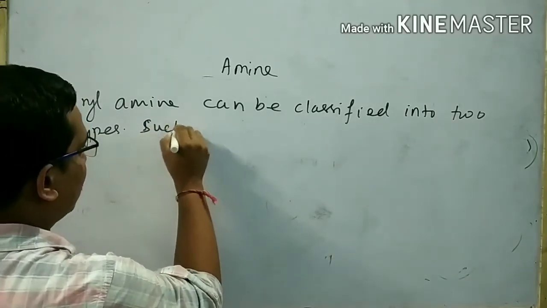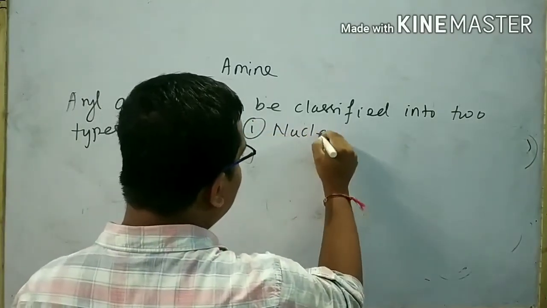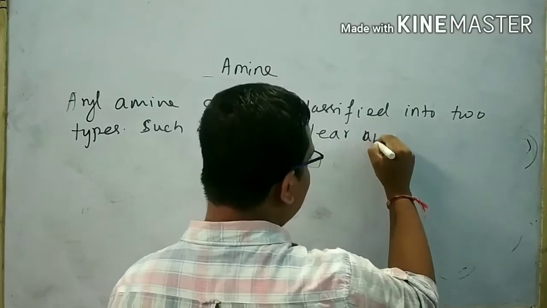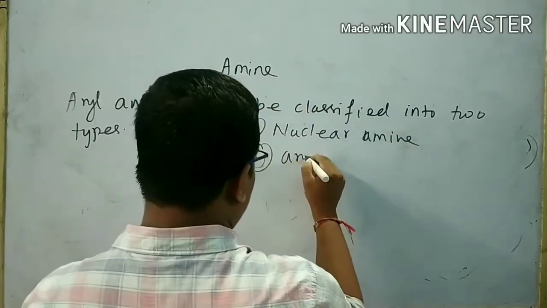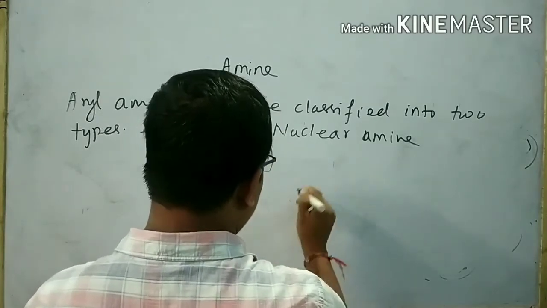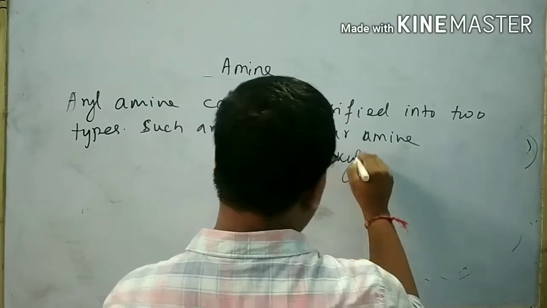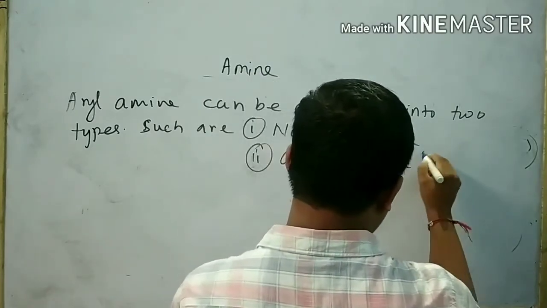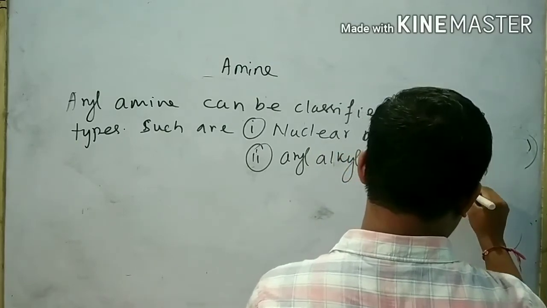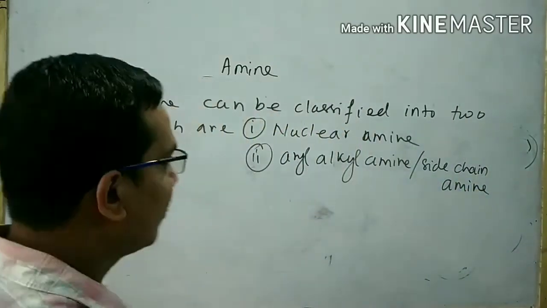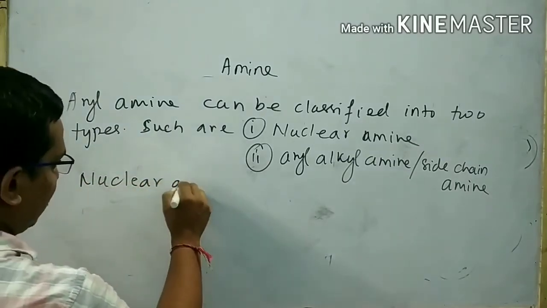One is nuclear amine, and the second is aryl alkyl amine or also called side chain amine. What is nuclear amine?